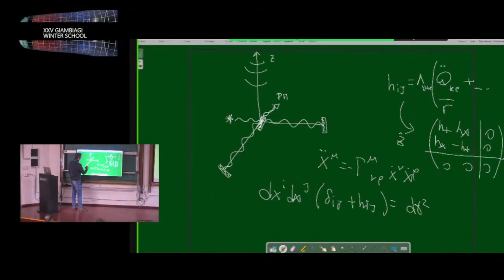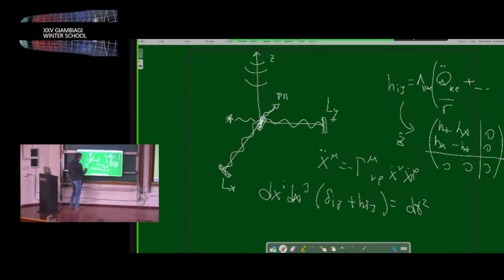So the coordinate of the mirror is fixed. This is Lx and this is Ly. We cannot assume that Lx and Ly are the same because these are kilometers, and the wavelength of this laser is a bit less than 0.1 micrometer. So the length of the tunnel in LIGO is not exactly the same, at the micrometer level.